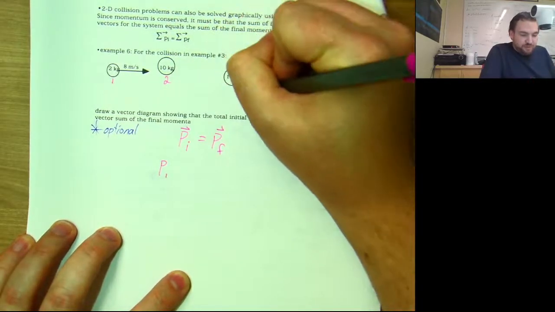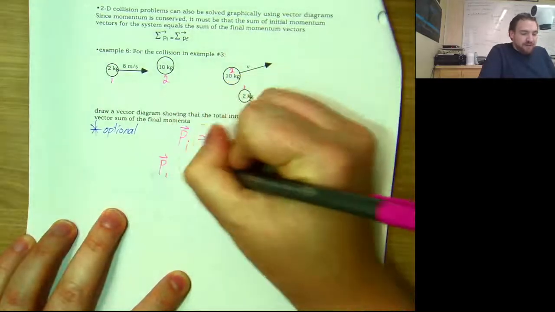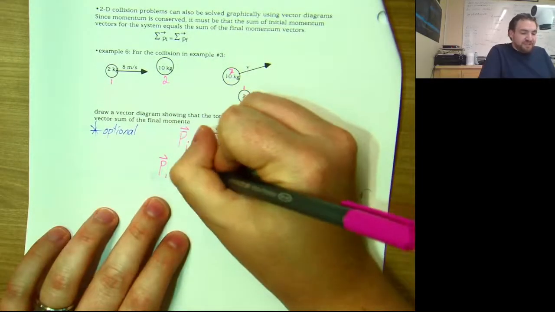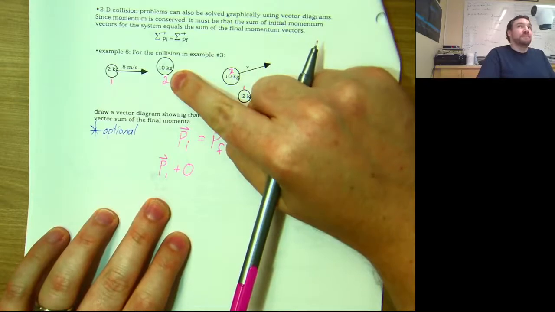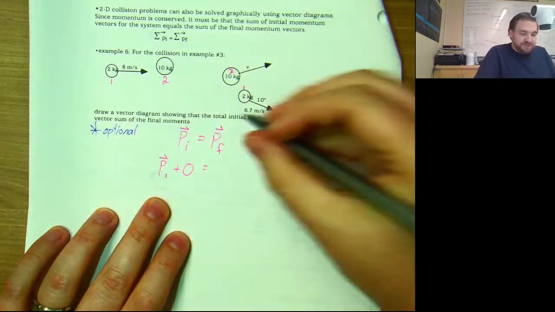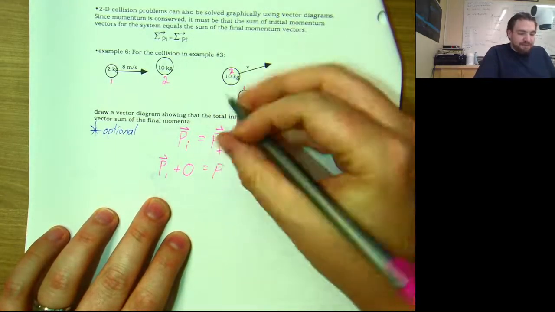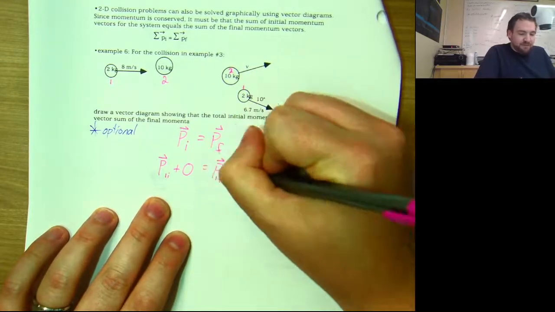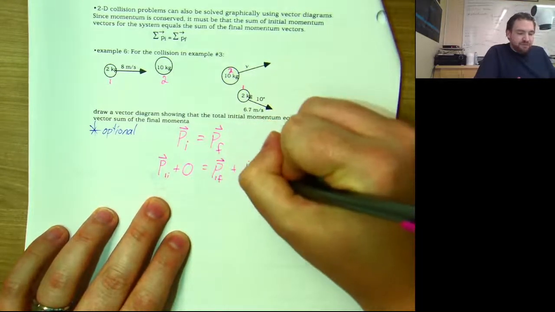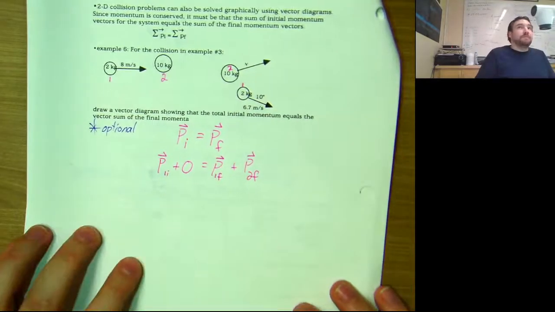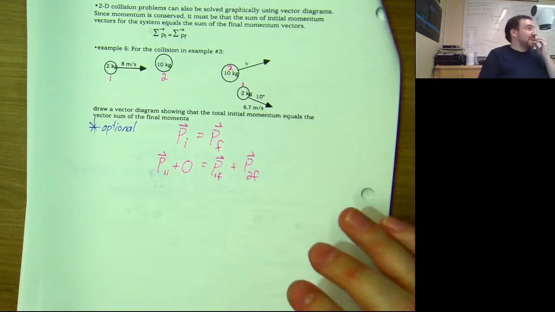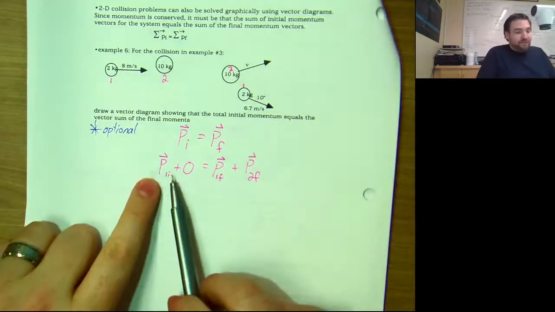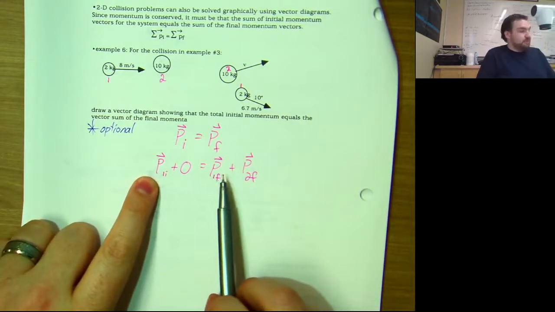So momentum of 1 plus 0, because this object has no momentum, equals my momentum 1 final plus the momentum of 2 final. Okay? So are we cool with this?